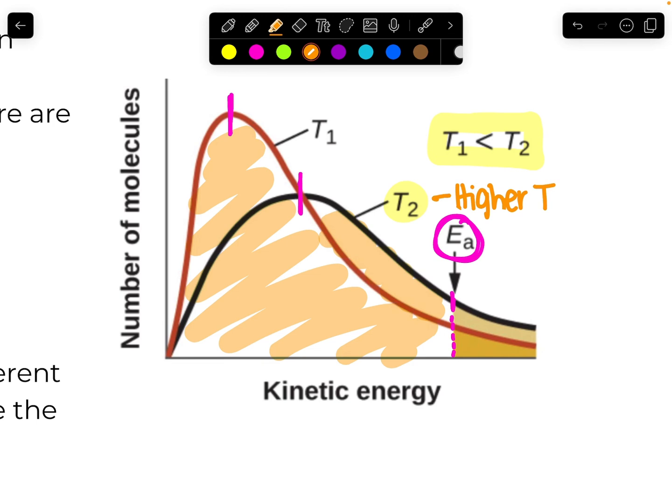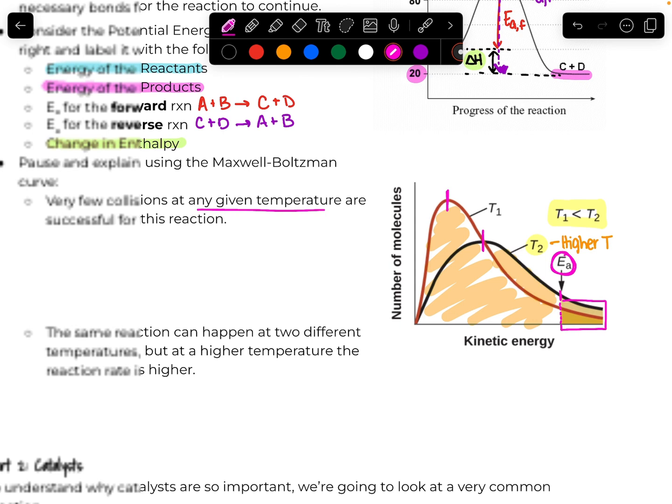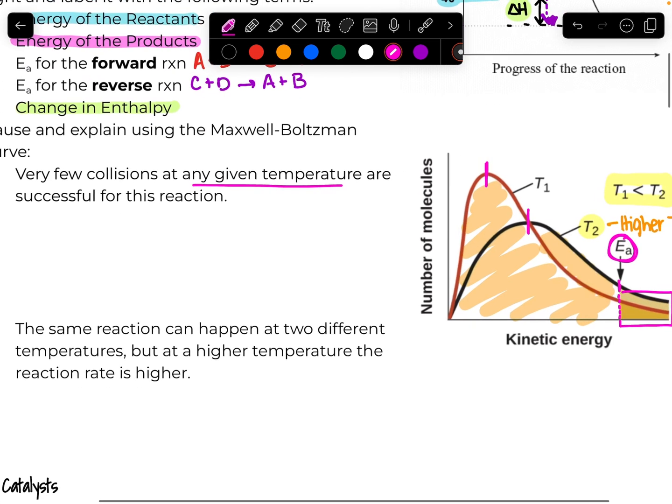Very few particles are exceeding this activation energy barrier. So why can we explain this? Because the activation energy is very high, so the probability of successful collisions at that temperature would be quite low. I'm not going to take the time to write that out. You can pause the video and write it out, but I feel like if I did that, it would take forever.